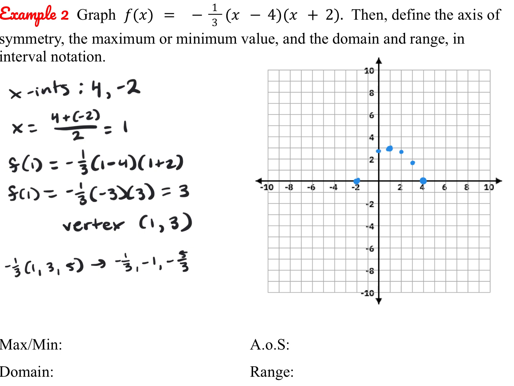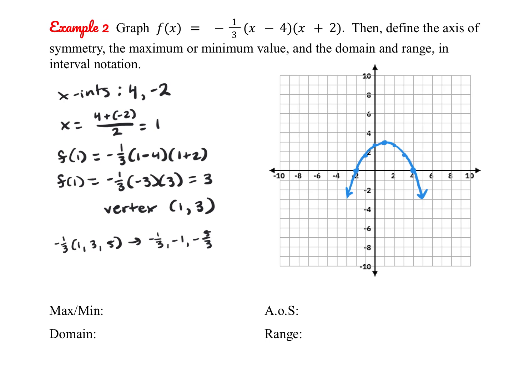So that means that we graphed correctly. Or again, alternatively, I could always plug in x values to the left and right of my vertex to get more exact coordinates. Here again, we have a maximum because of the downward facing parabola at y equals 3. Our axis of symmetry is x equals 1. Our domain is all real numbers, and our range is negative infinity to 3.